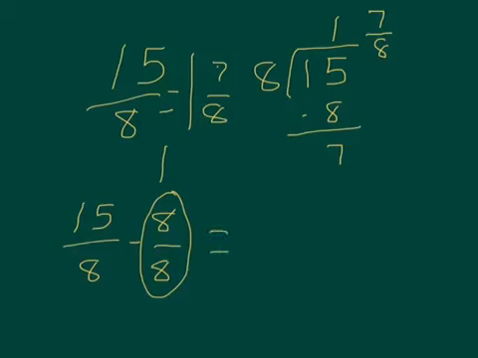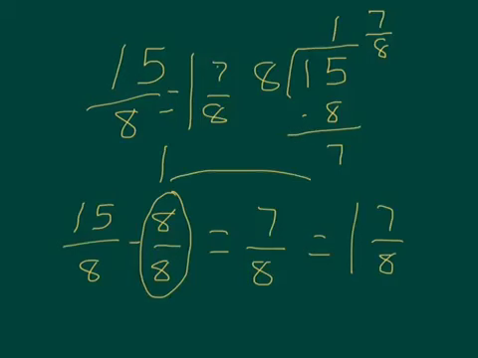Then I put my equal sign, and 15 minus 8 is 7. Bring over my denominator of 8, and now I have 7/8. You have to bring this one whole over and put it with your 7/8. So you have 1 and 7/8.